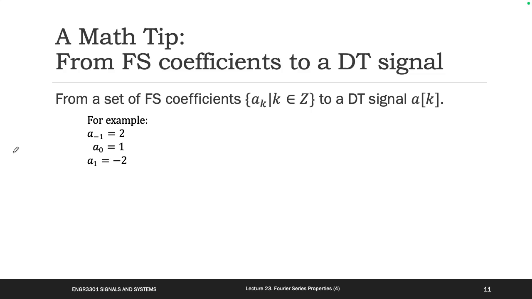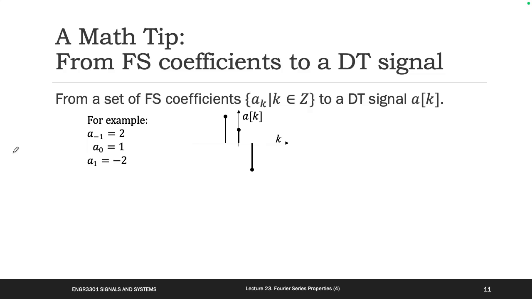For example, this is our FS coefficient, am I right? A negative 1 equals A1 equals negative 2, A0 equals 1, and the others are just 0. And you can draw it. If you draw it, this is your AK, am I right? That makes sense to you? Yeah, this is just 2, this is just negative 2, this is just 1.